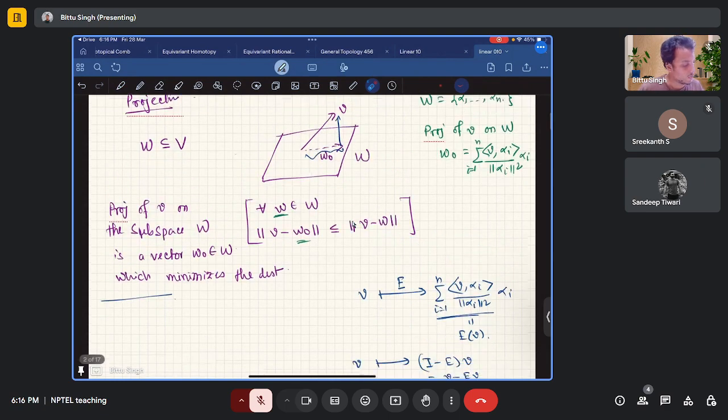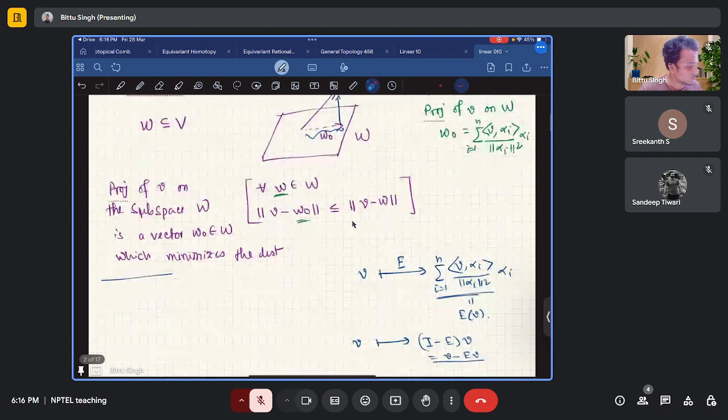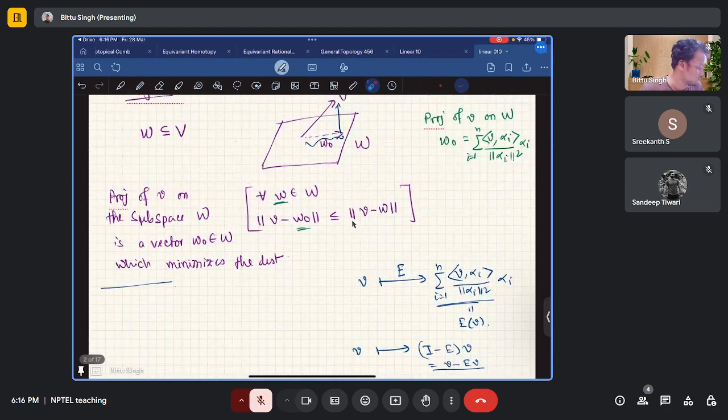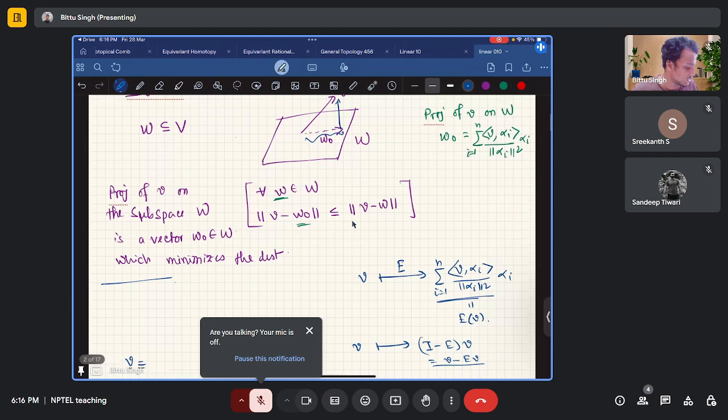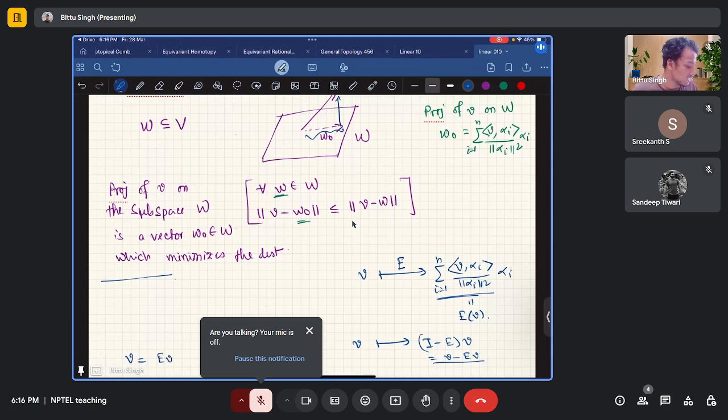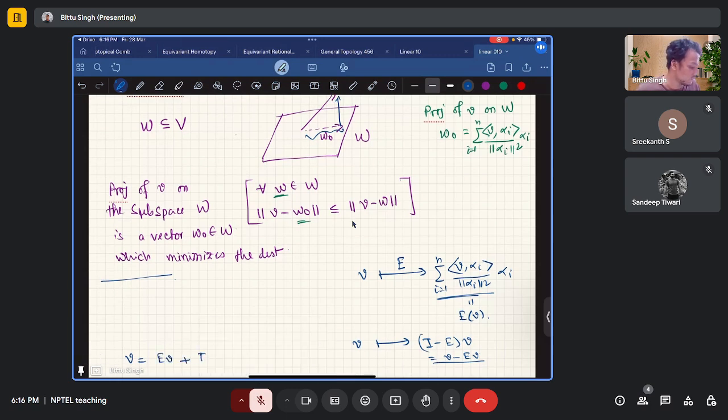Any vector obtained by I minus EV is in the orthogonal complement. Any vector V can be written as EV plus I minus EV.